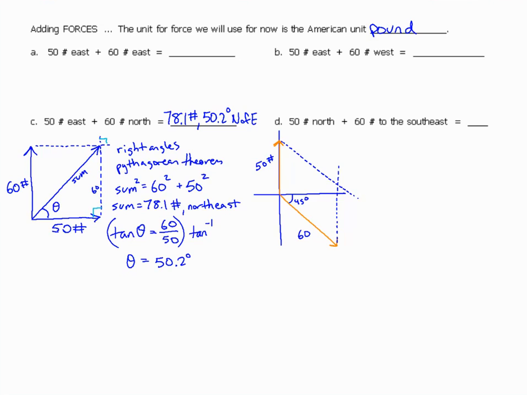Maybe helpful for later. So the sum vector starts here and goes to right there. This is the sum.